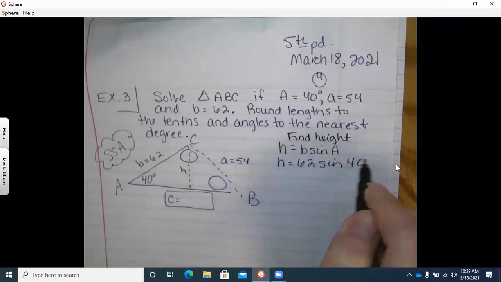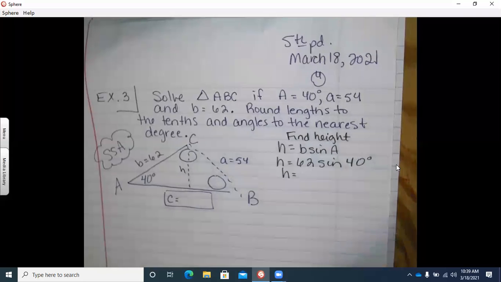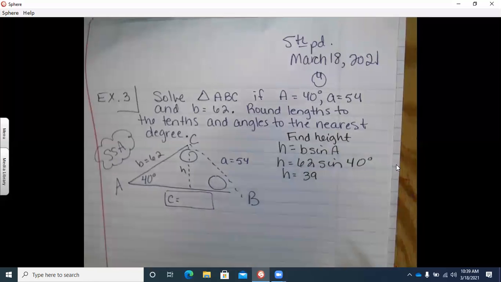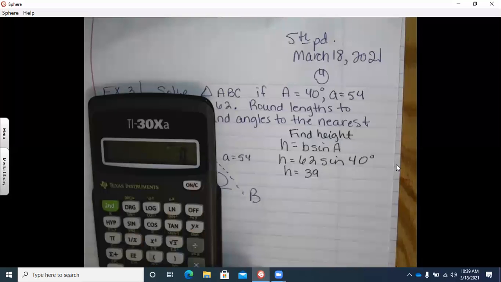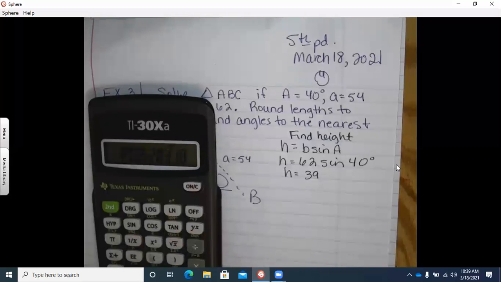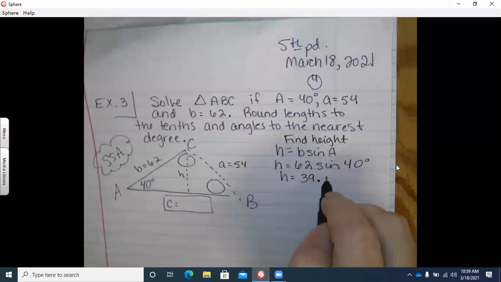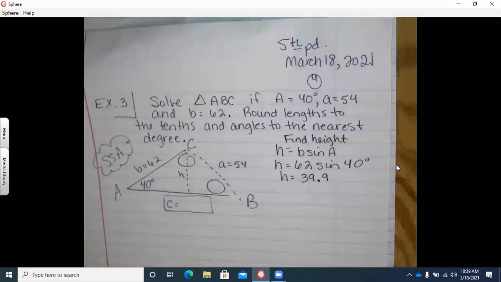Put that in your calculator and tell me what the height is rounded to the nearest tenth. 62 times sine of 40 equals 39.9. You're right. 39.9.